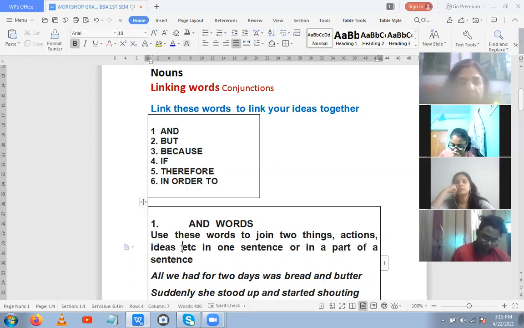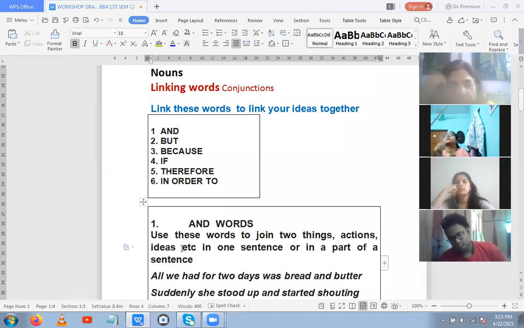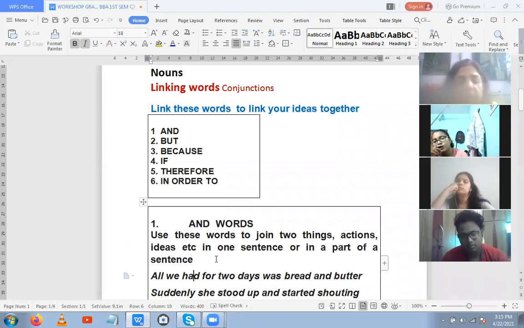I think it would be best to start with a workshop, and if we have time, we'll listen to some presentations. So we are linking two ideas in one sentence or in a part of a sentence. So you all know how we use and.